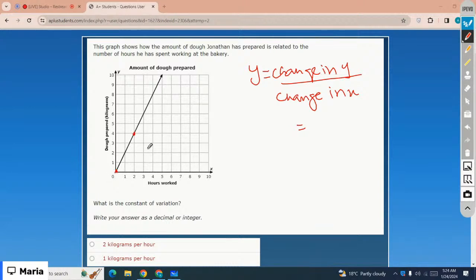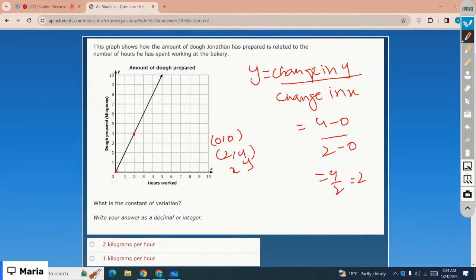You can select any 2 points. This one has the coordinates 0, 0, and this one has 2 and 4, right? This is y values, this is x value. 4 minus 0 divided by 2 minus 0. That is 4 over 2, 2. That means the constant of variation is 2 kilograms per hour. The correct option is option number 1. That is 2 kilograms per hour.